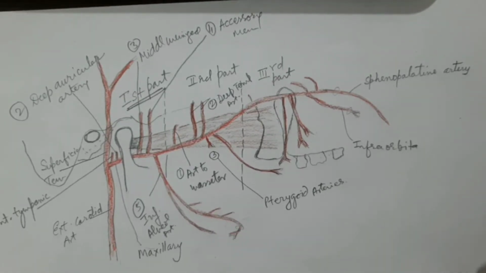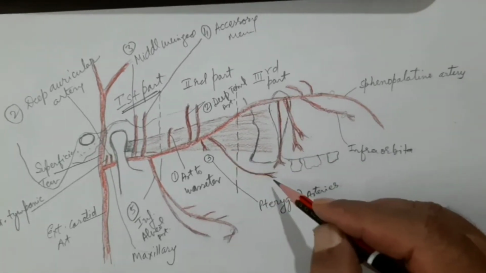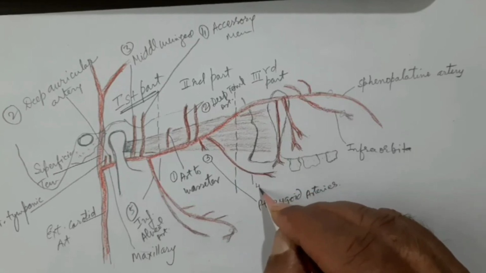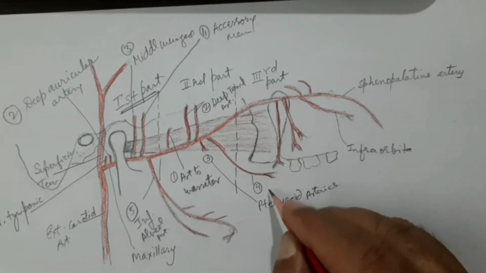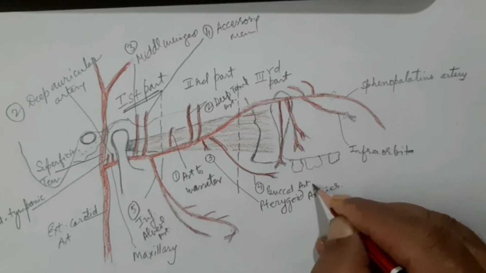And lastly, from the second part, there is a long artery going, and that is the buccal artery. This is the fourth branch from the second part, the buccal artery, which will go to the cheek.